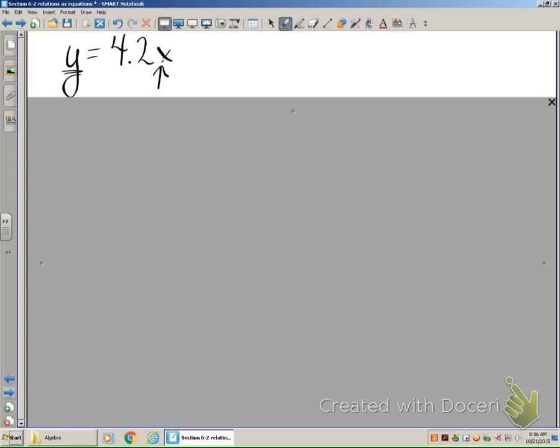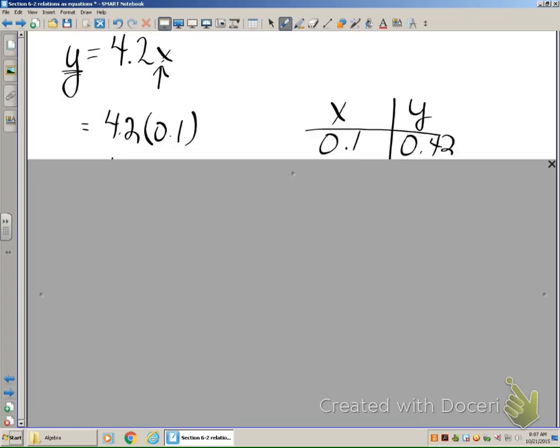Okay, so y equals 4.2x. Let's say I want to graph this. There's a couple different ways we can go about this, and we're going to look at some different methods as the year progresses. But what I want to look at today is just plugging in a group of x values, solving for y, and then plotting those ordered pairs. So I'm going to start by giving you 0.1. 0.1 is my value for x, so I plug it in place of the x and solve. 4.2 times 0.1 is 0.42.